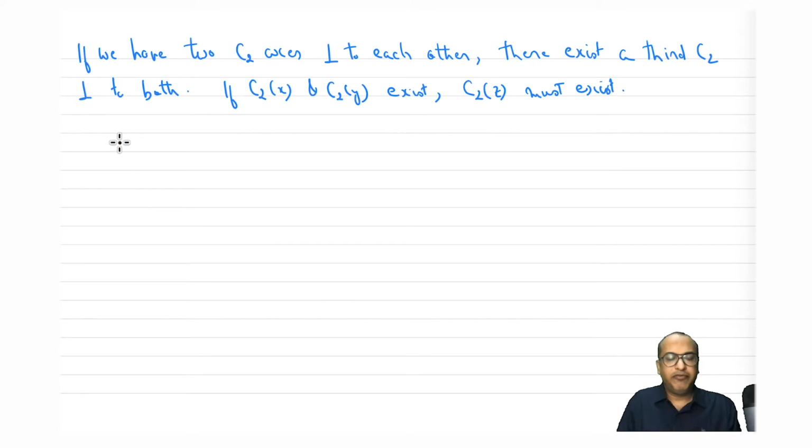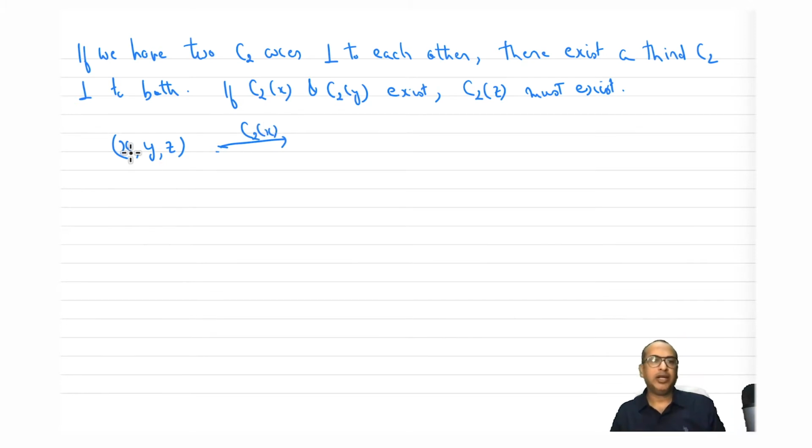So let's operate C2x on xyz. Let's see what happens if we have a right-handed coordinate system.